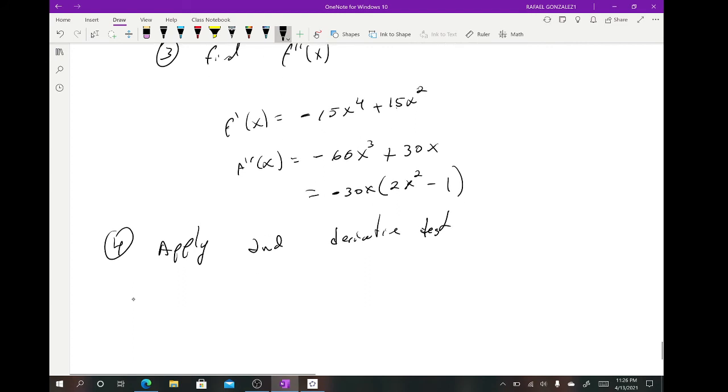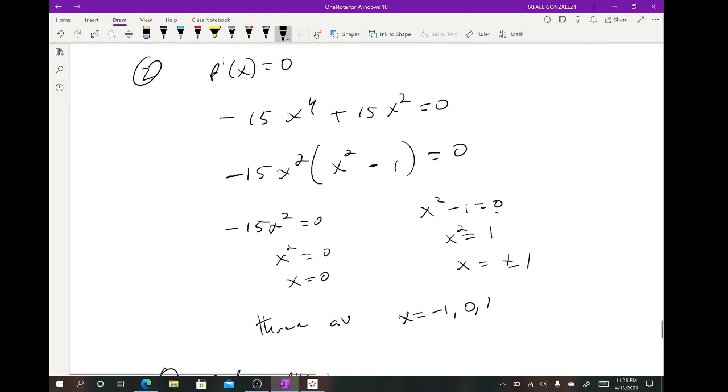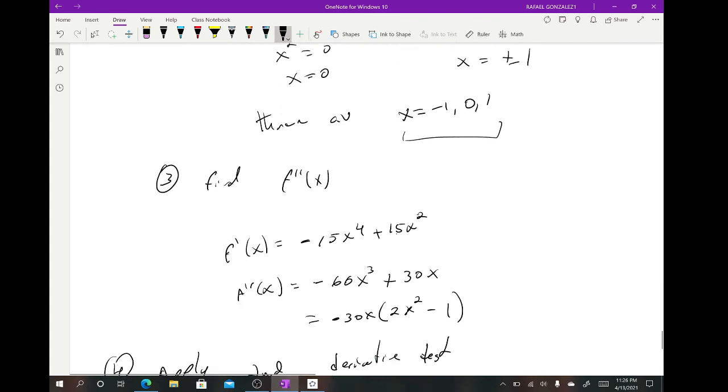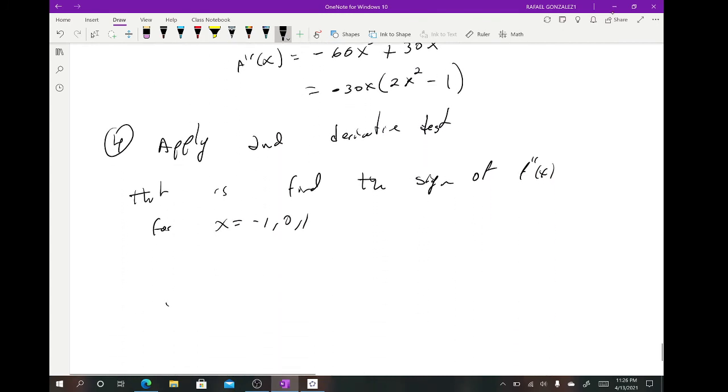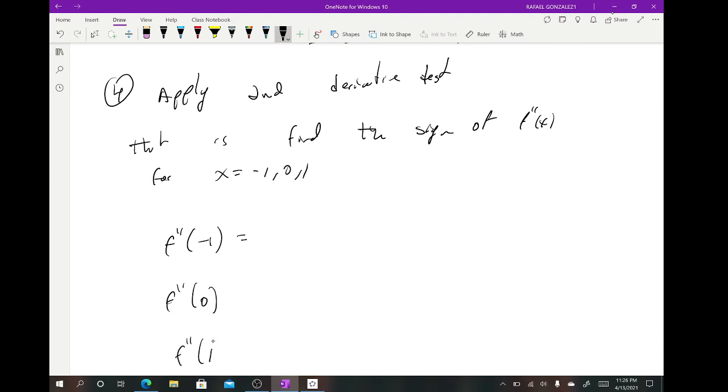That is, find the sign of f double prime of x for x equals minus 1, 0, and 1, which are the c values that we found from up here. So that simply means that I'm going to do f double prime of minus 1, f double prime of 0, and f double prime of 1.